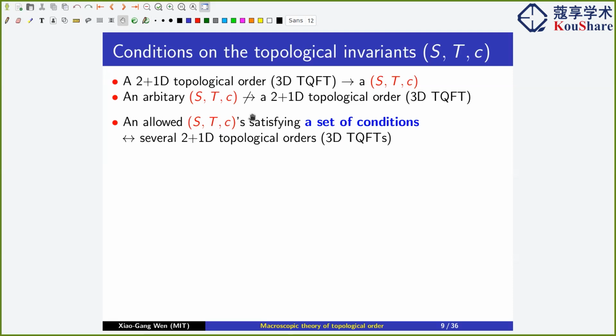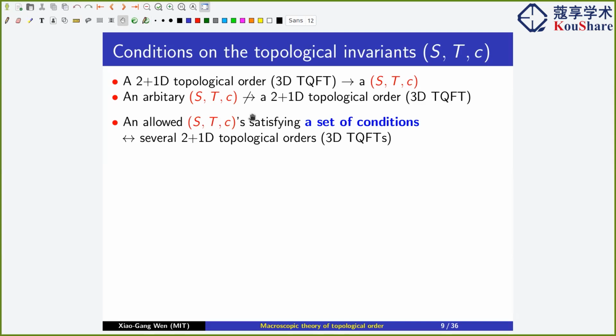Most representations don't correspond to any topological order. Only special representations correspond to topological order. So to understand things better, we really have to figure out which special representations describe a topological order. So this really became a classification problem: how to classify topological order.